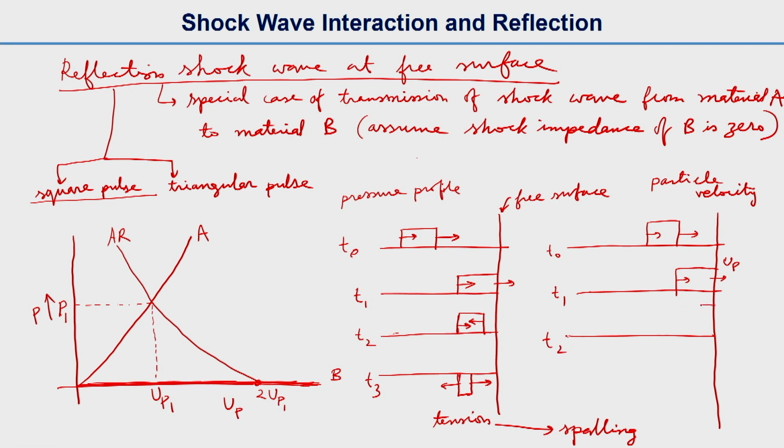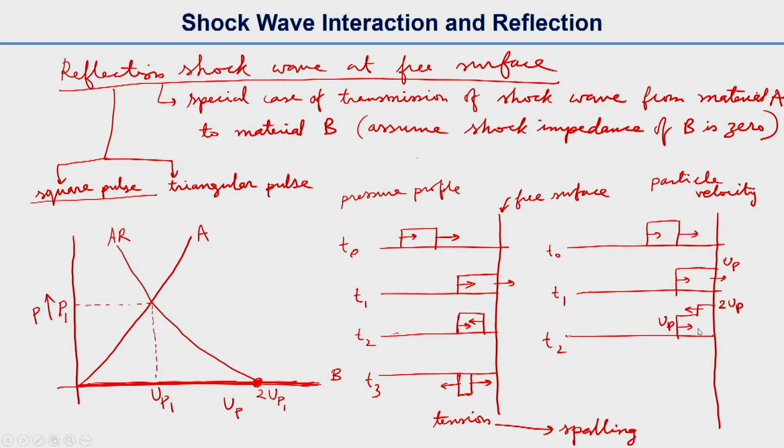As you know, there is a high velocity UP here and twice UP here, because from the P-UP plot this is twice UP, and this is the reflected wave.